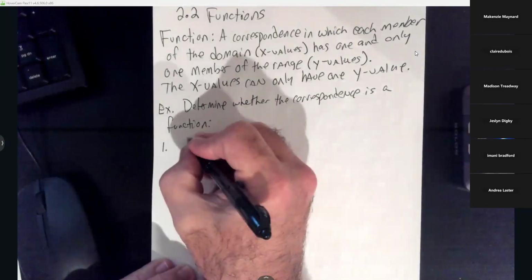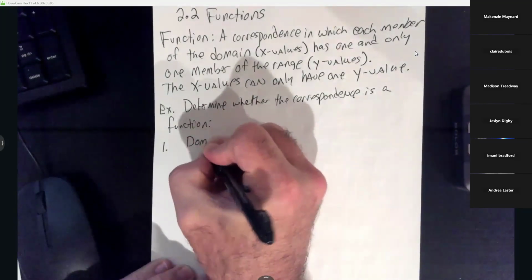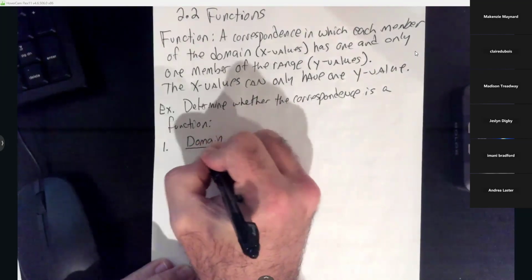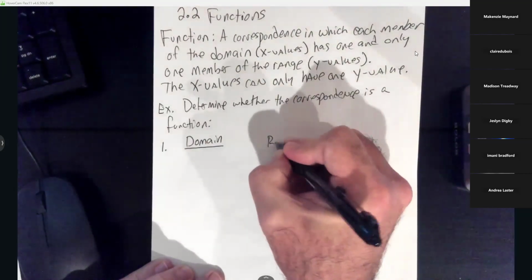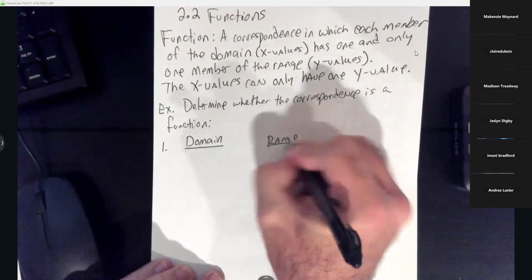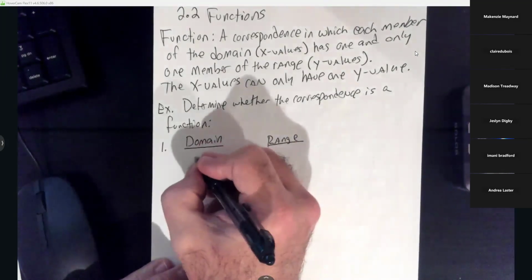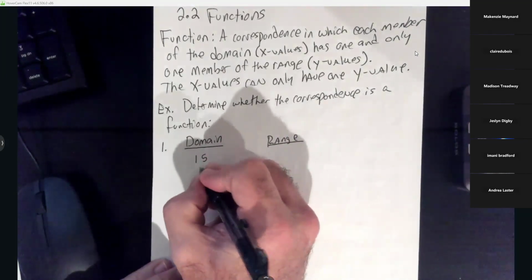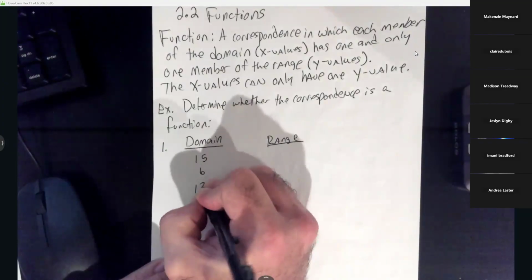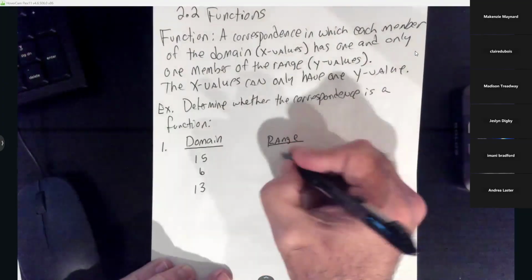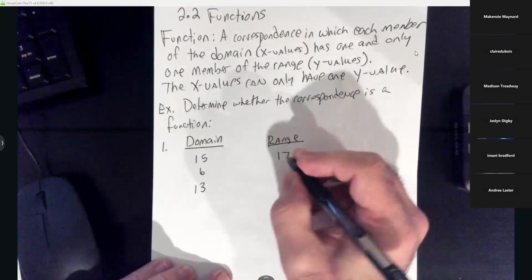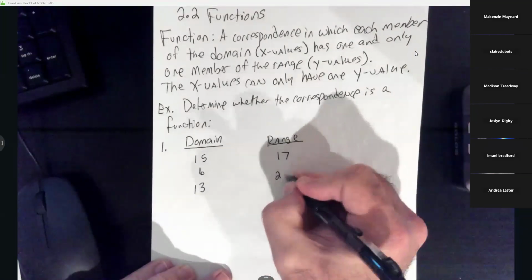All right, y'all. So the correspondence they got for the first one, they're going to give me a domain over here and a range. So for the domain, I got 15, 6, and 13. The range values are 17 and 20.